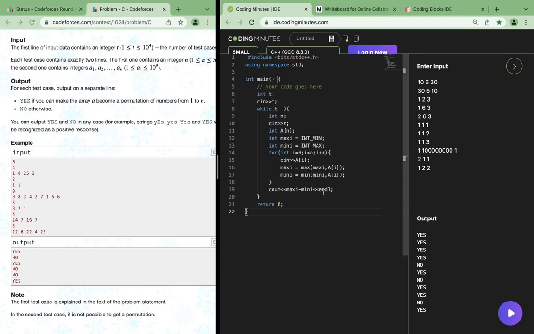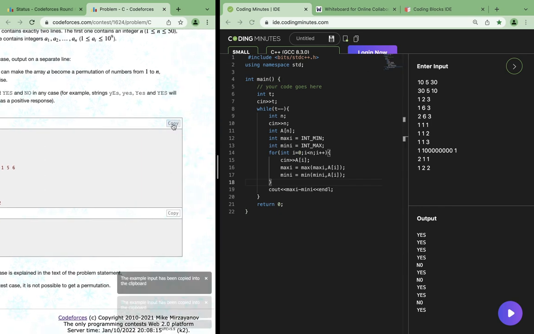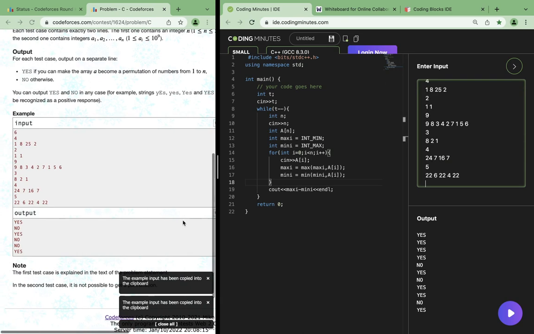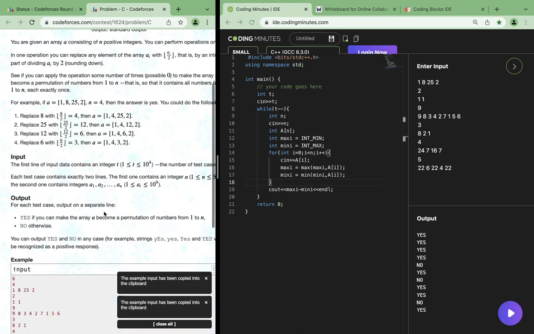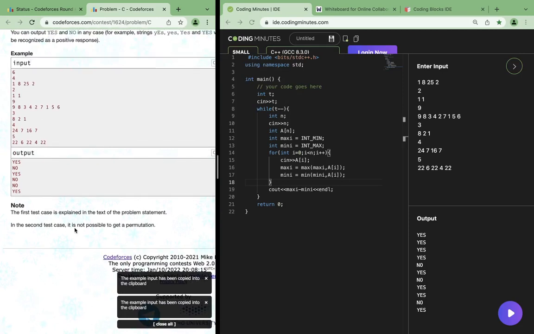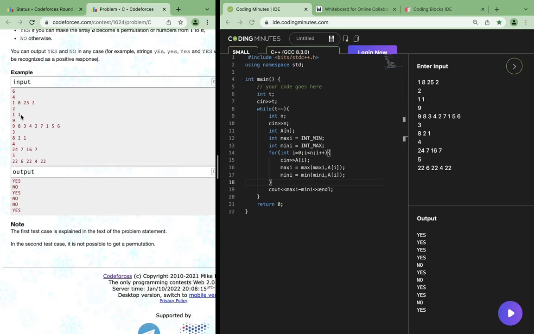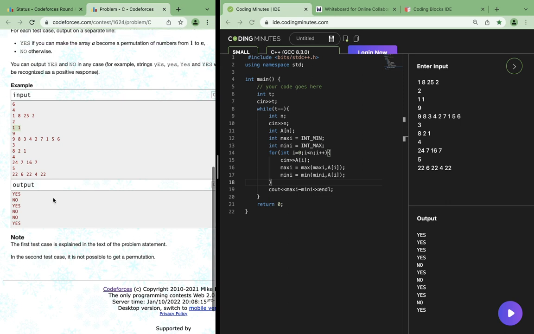Then read this problem, copy the test cases, move this one. So in the second test case it is not possible. Yeah, we can see that.